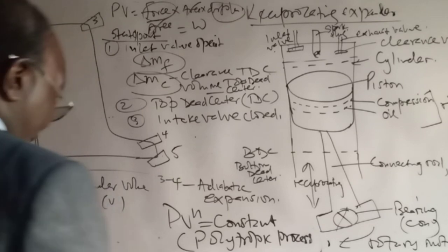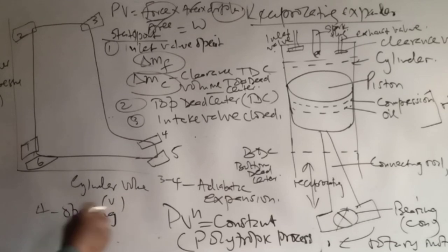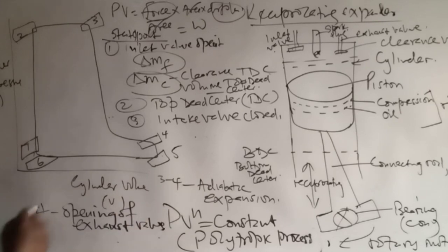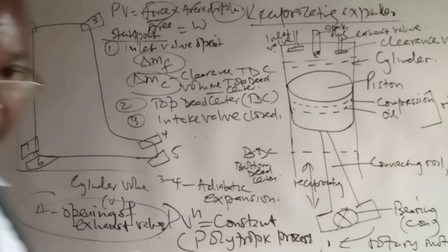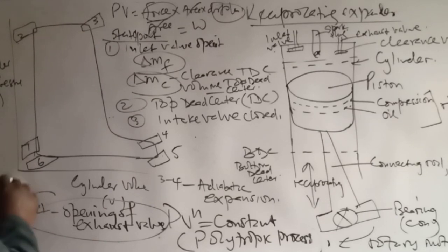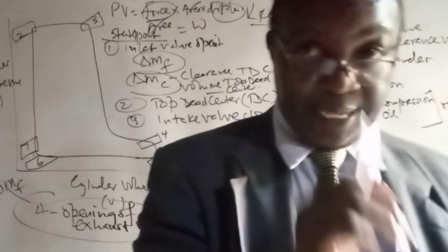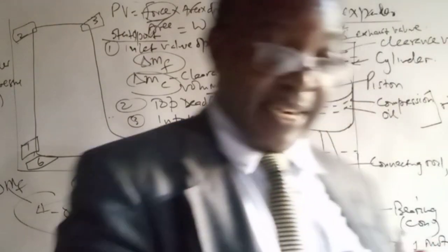And of course, we'll have opening of the exhaust valve. What happens at that point? At that point, we offload this liquid delta MF, not delta MC for the clearance volume, delta MF. The one of the clearance volume is there.